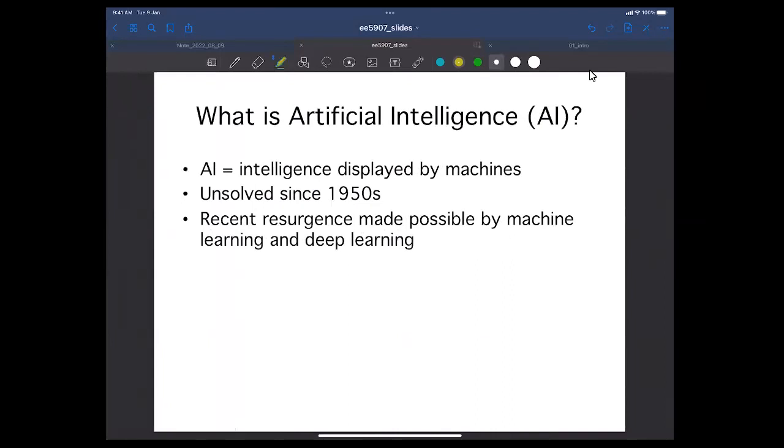We're still working on this. Since the 1950s, and even before the 1950s, people dreamed about artificial intelligence. Recent research in AI is made possible by machine learning in the first place and deep learning in the second place, right? These are two powerful tools: machine learning and deep learning.